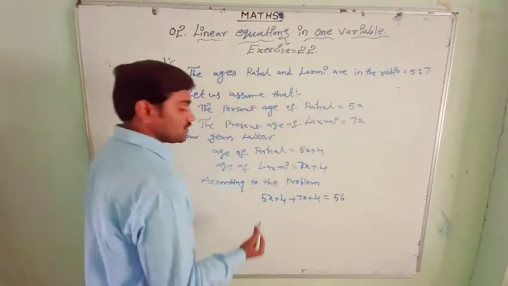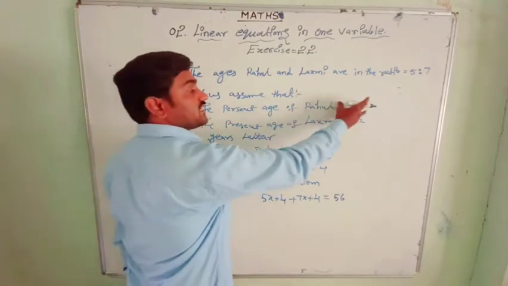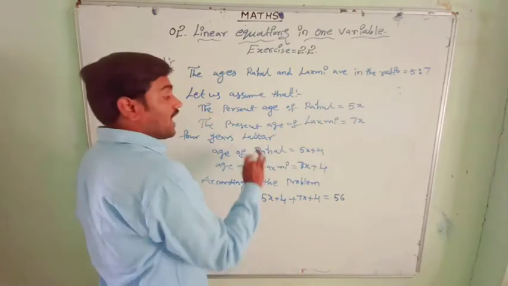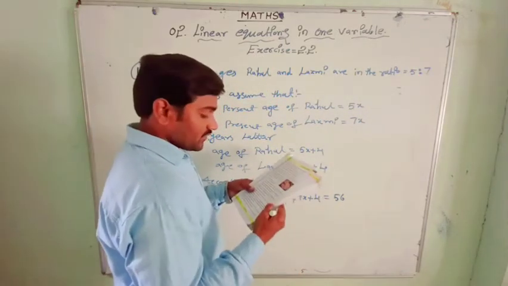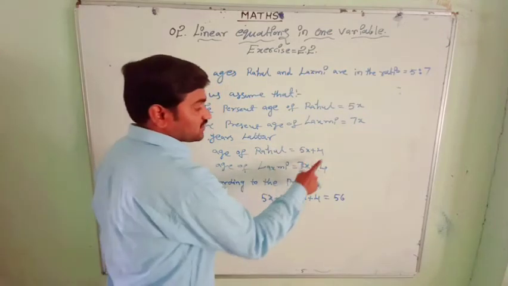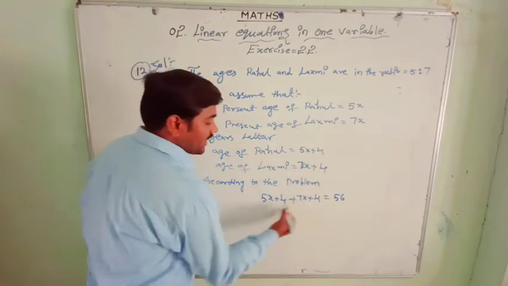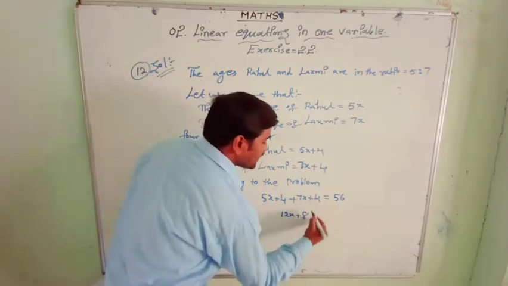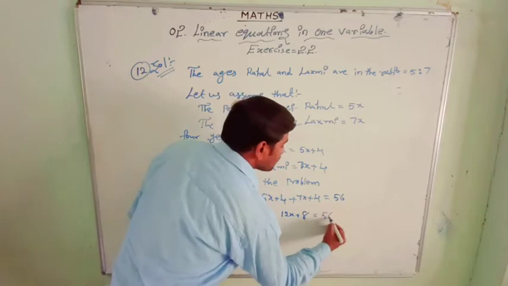So the present ages are assumed as 5x and 7x as per the ratio, and after 4 years their ages will be 5x plus 4 and 7x plus 4. When you add 5x plus 7x, that is 12x, plus 4 plus 4, 8, equals 56.